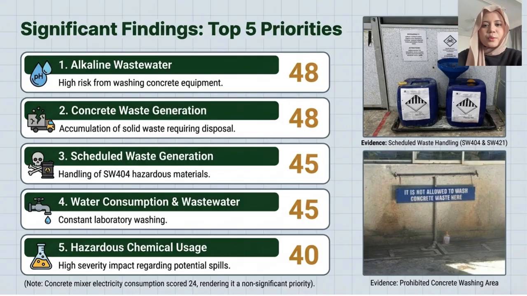Next is scheduled waste generation with a score of 45 due to the handling of hazardous materials such as SW404 waste. Water consumption and wastewater also score 45 because laboratory activities require frequent washing, which increases water usage. Finally, hazardous chemical usage scores 40, highlighting the risk of chemical spills if materials are not handled properly. The photo on the right shows evidence of scheduled waste storage and the designated area where concrete washing is prohibited.